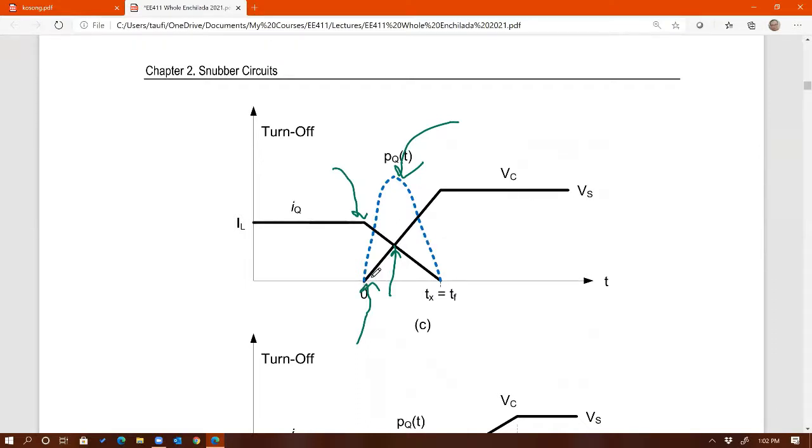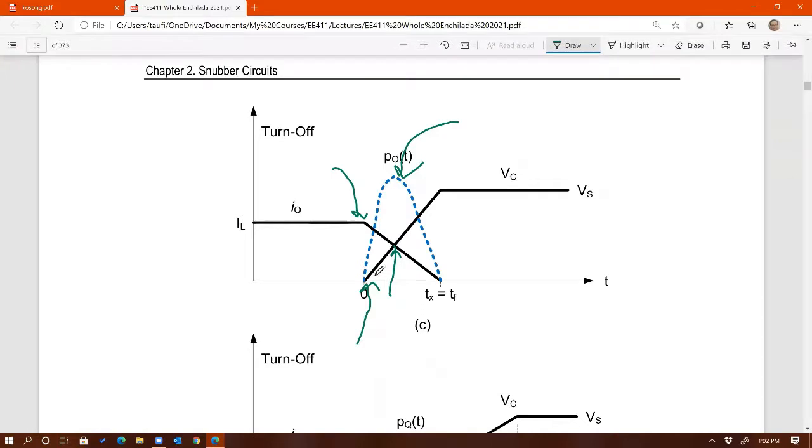Now notice that if you do V times I, the overlapping is minimized also. Look at V times I, it's no longer a triangular wave. Why not? Because we have two linear functions: a linear function for current right there, and another linear function for the voltage right there. If you multiply a linear function times a linear function, it's not going to give you a linear function.